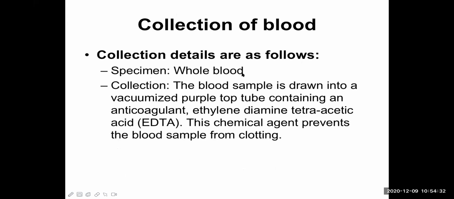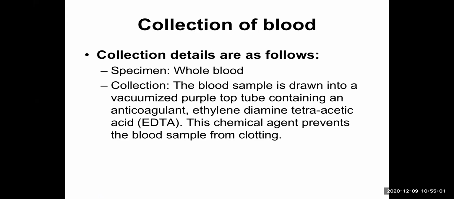This is a whole blood collection, and it is drawn into a vacuumized tube. It's a purple top tube which is used very often, and it should contain an anticoagulant. The name of that anticoagulant is EDTA, ethylenediaminetetraacetic acid. EDTA is very commonly used as an anticoagulant there.